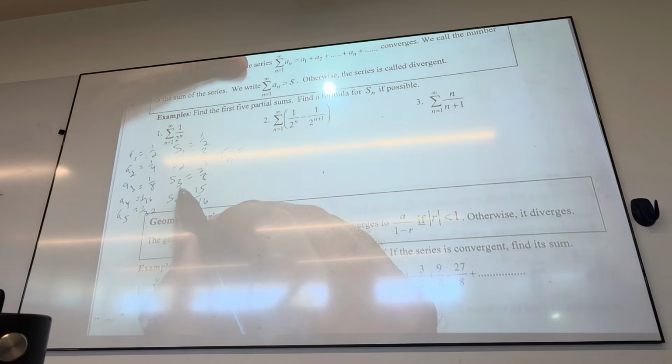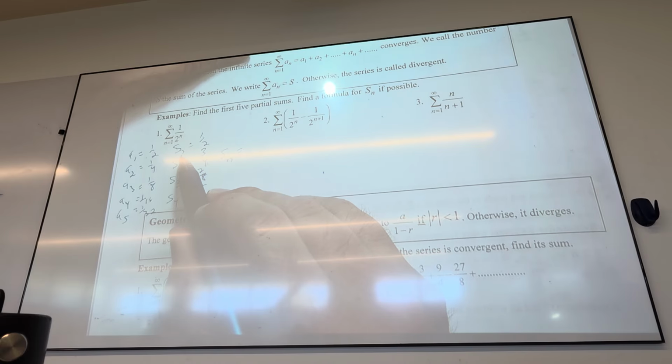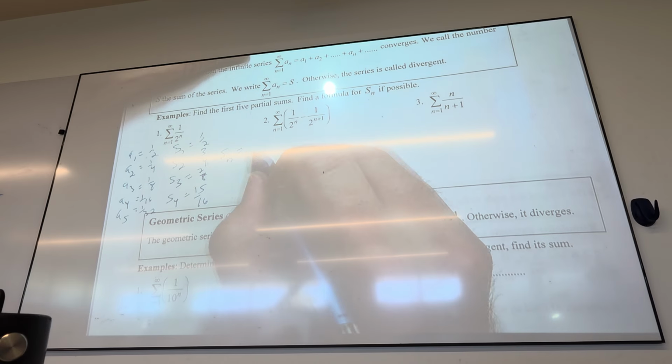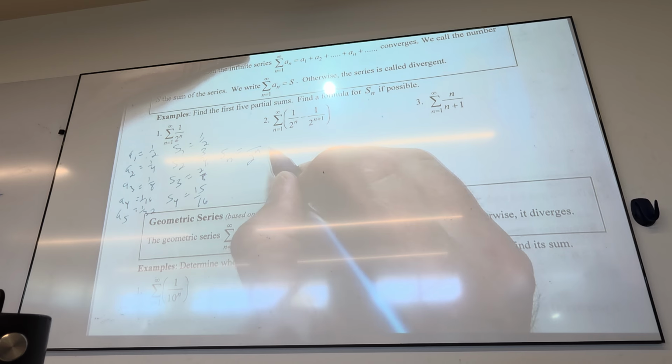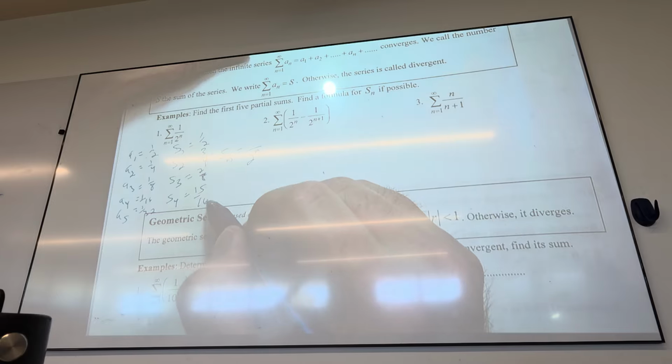How do they compare to where I am? 4 versus 2, 8 versus 3, 16 versus 4. Especially considering where it came from. What's 2 to the first? 2. What's 2 squared? 4. What's 2 cubed? 8. 2 to the fourth is 16. So what's the bottom always? 2 to the N. And how does the top always relate to the bottom?